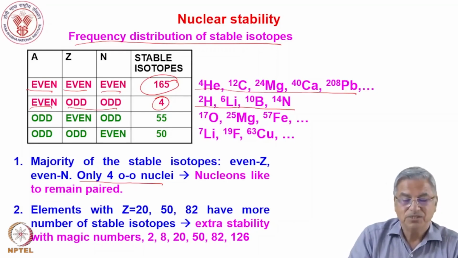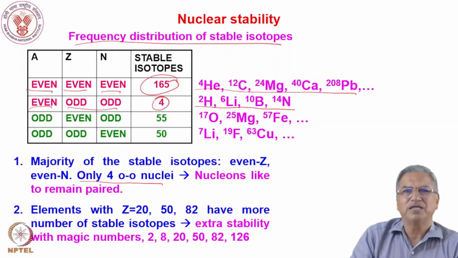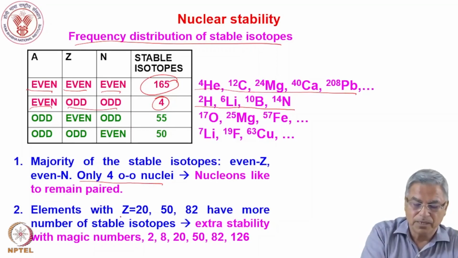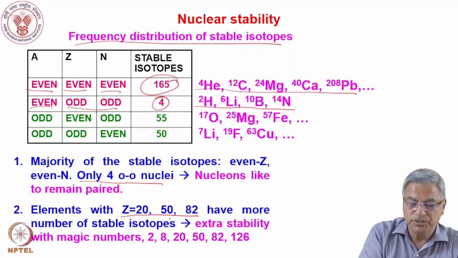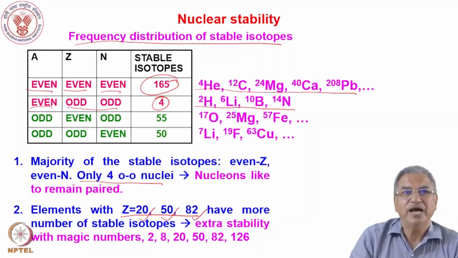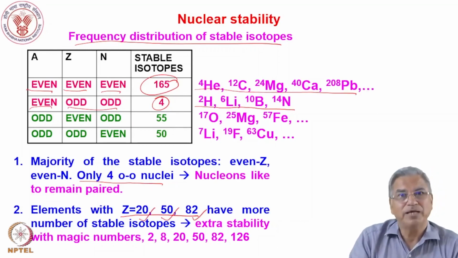The second point is, if you see the nuclear chart, how many stable isotopes a particular element has, you will find that certain elements, with atomic number 20 being calcium, as well as tin and lead, have a very large number of stable isotopes. It essentially tells us that there are certain magic numbers which have extra stability associated with them.